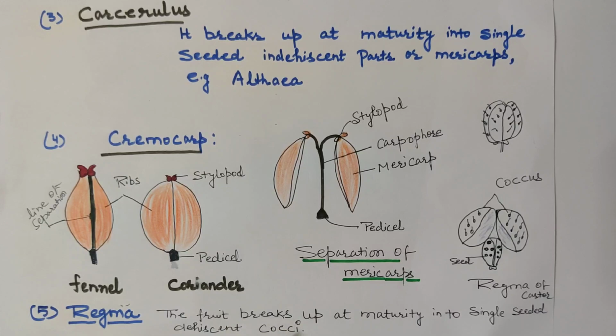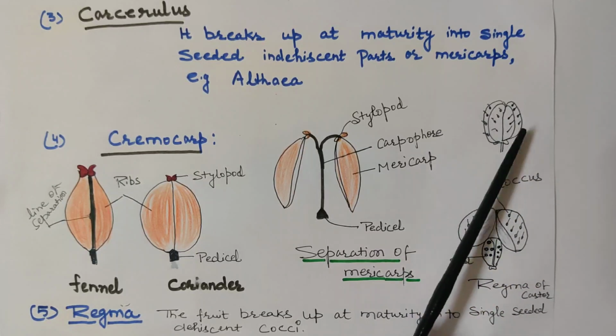Dehiscent cocci means this part is going to rupture to release the seed on its own. An example is castor.